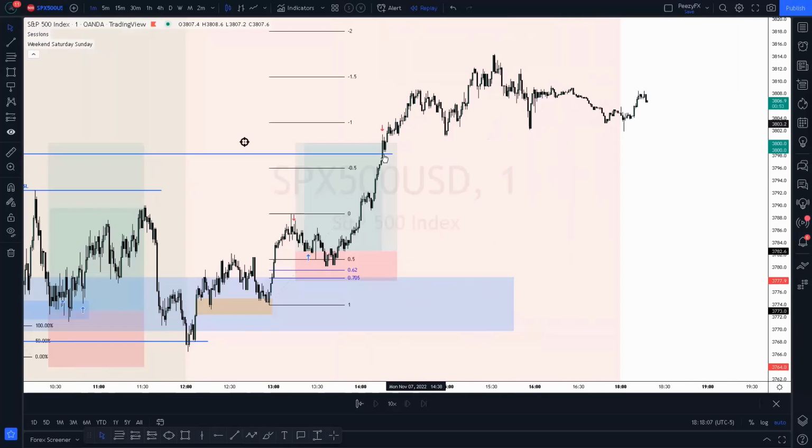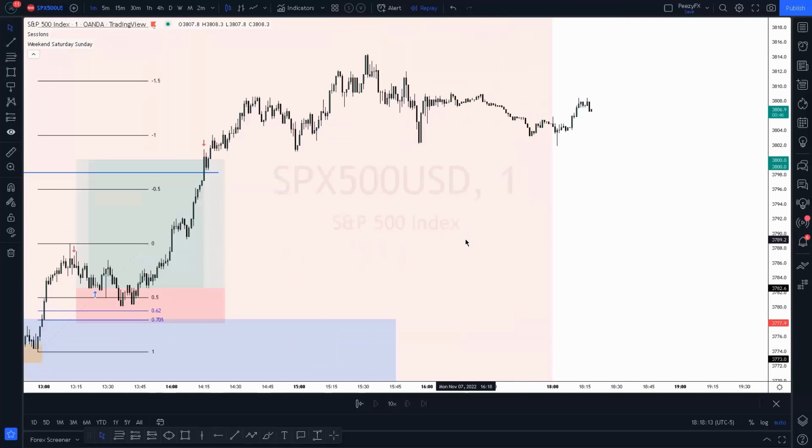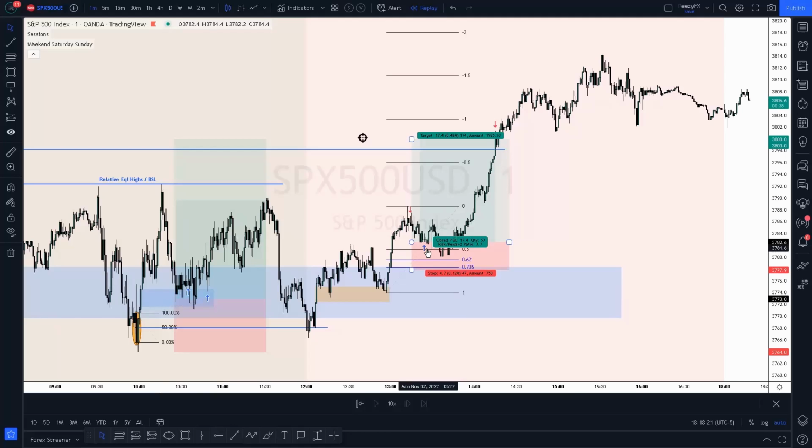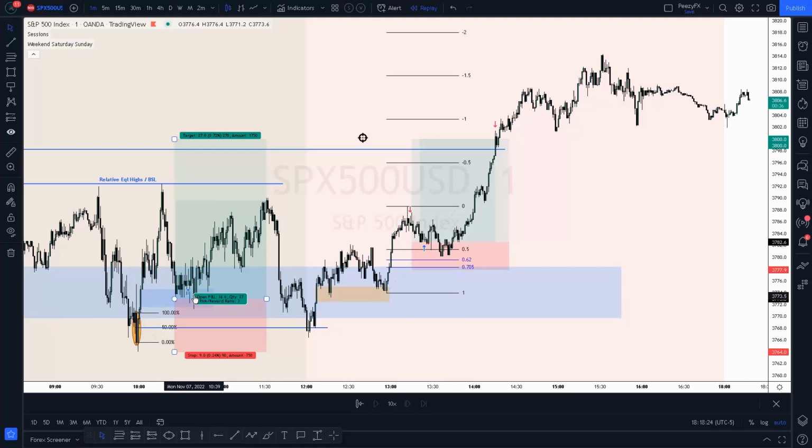And I got a runner on right now. I'm holding on to a trade on SPX 500 from this position, I believe, or no, it's this position. I closed this position out. I'm holding on to this position.